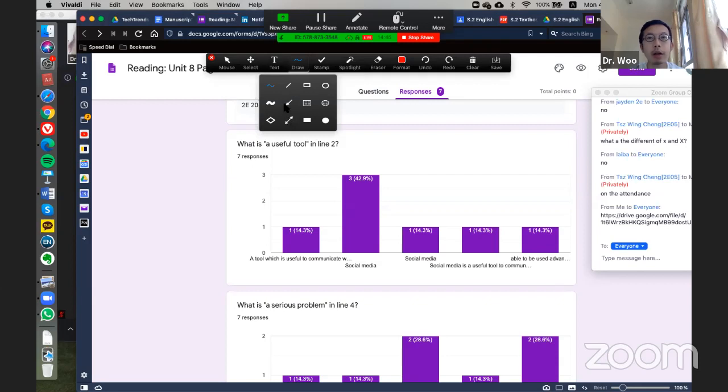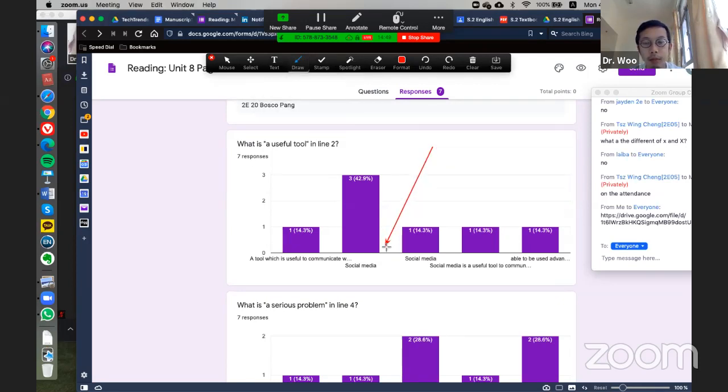So taking a look at all 7 responses, the most frequent response is social media. Okay, so let's find the answer. Let's go to line 2 and find useful tool.